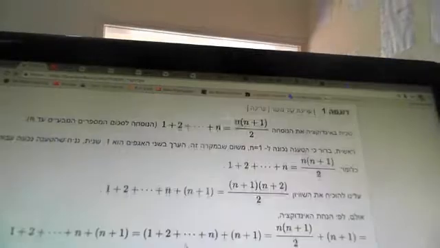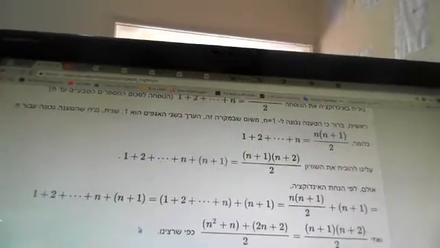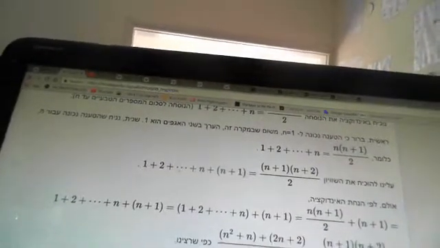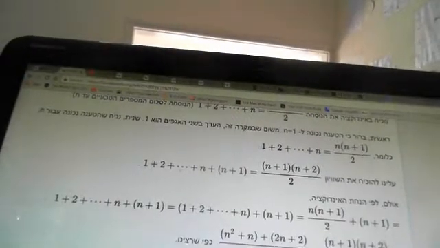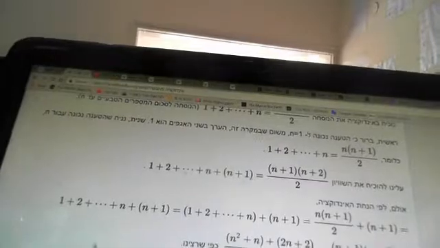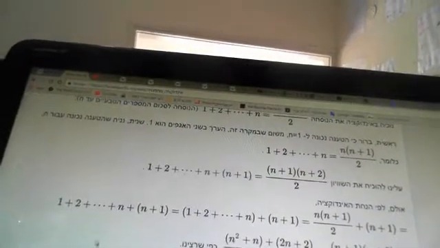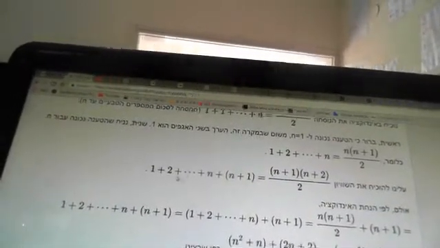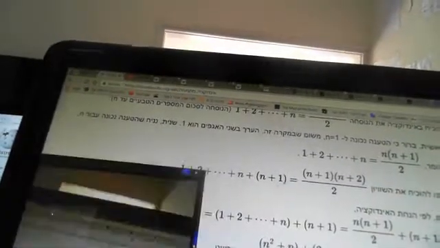Okay, now we will write down the second equation in this manner.